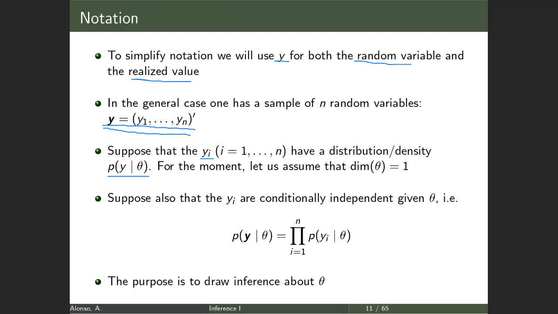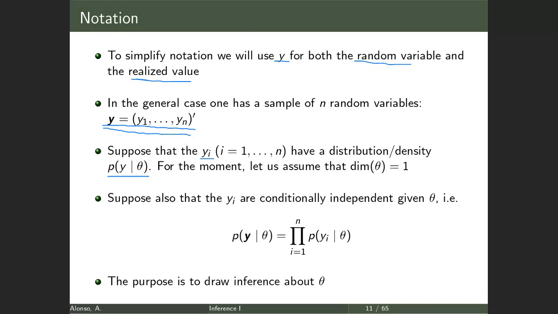If you are thinking about IQ scores, the underlying process that is generating these scores when we observe them may be an extremely complicated process, taking place in the brain of these children, like we saw at the beginning. But we are going to assume that that complicated process can be modeled, described using a probabilistic model.